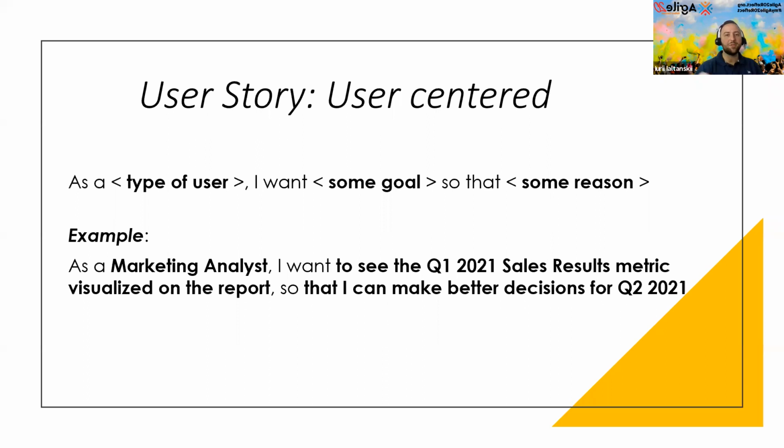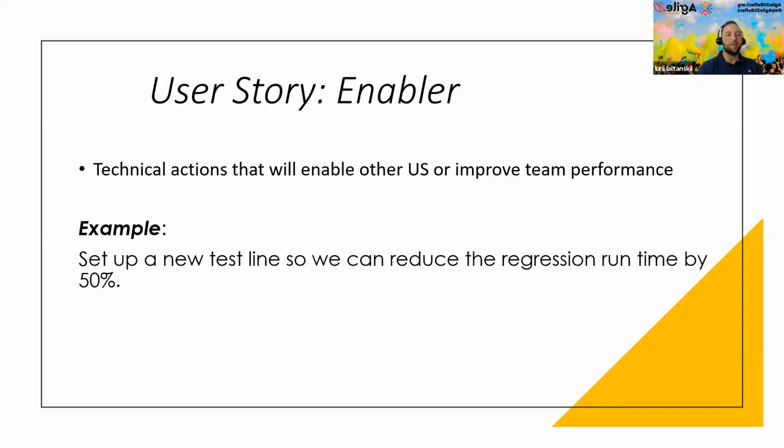Most likely it would be a user-centered story. But at the same time, if some other functionality depends on this story and can't be done without this particular story, in this case, the story becomes an enabler. Sure, thank you very much. No problem.